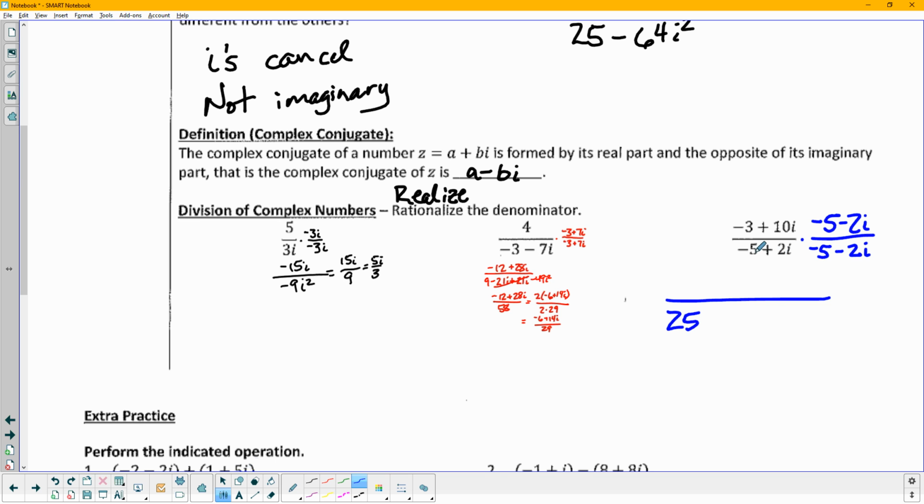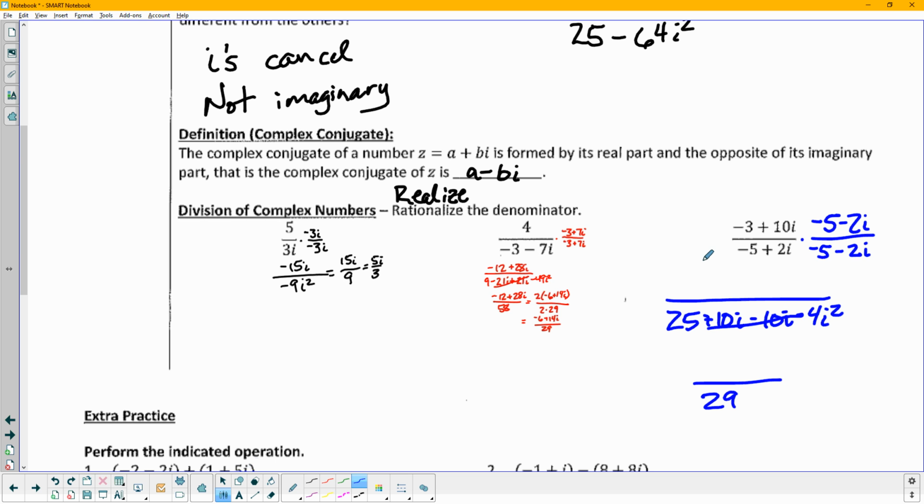I'm going to get positive 10i, negative 10i, and -4i squared. Again, that part cancels. That becomes a positive 4, so on the bottom we get 29.